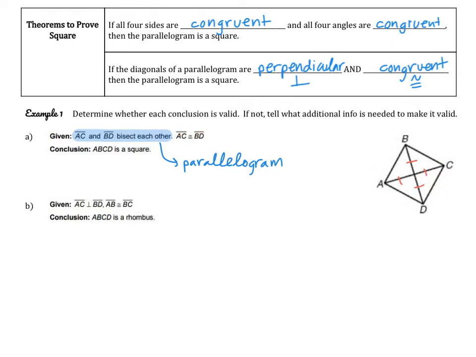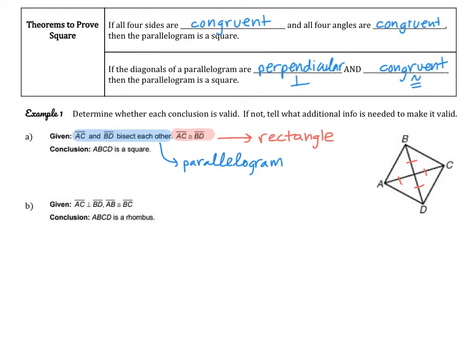When it says that AC is congruent to BD, that gives us the property of a rectangle. However, you can see that we don't quite have enough information to conclude that it's a square, because to conclude that it's a square, the diagonals must be perpendicular and congruent.